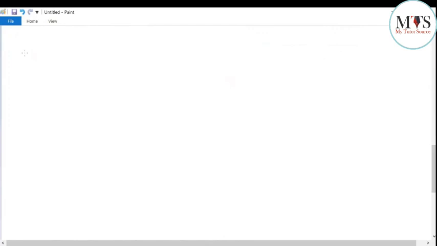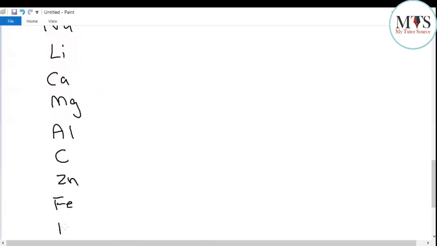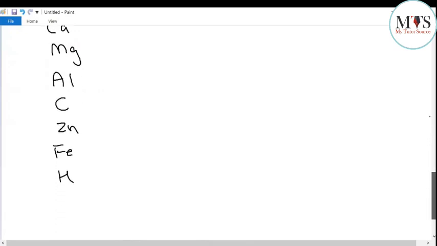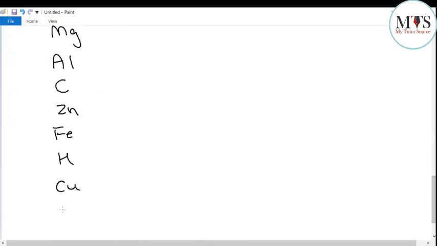So we said that the most reactive element is going to come at the top. That's going to be potassium. Then you have sodium. Then you have lithium, and then you have calcium, magnesium, aluminium, carbon, zinc, iron, hydrogen, copper, and then you can have silver, and then you have gold.